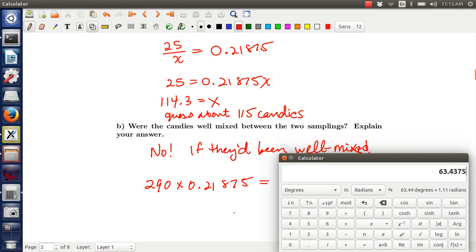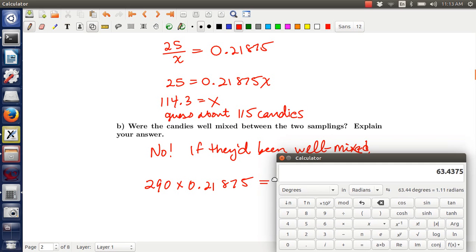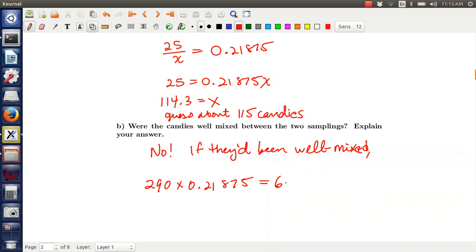So about 63 or so should have been marked.